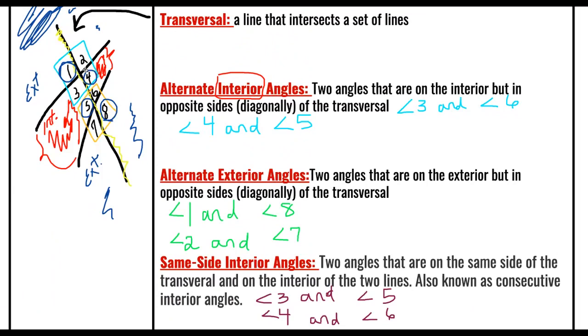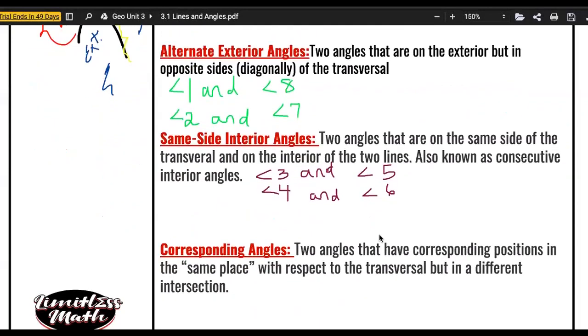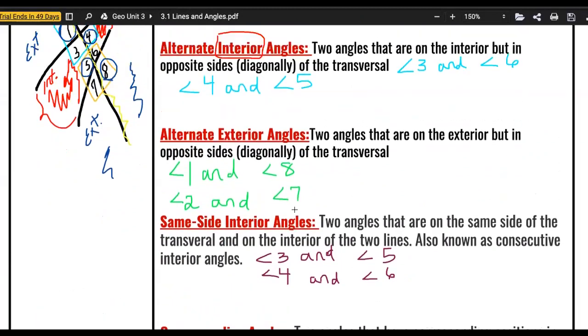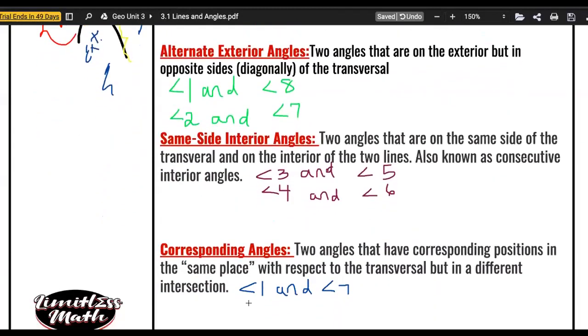So there's always 4 pairs of corresponding angles. All the other pairs we talked about, alternate interior, alternate exterior, same side, you get 2 pairs, but corresponding you get 4. So let's write down all of the corresponding angle pairs.